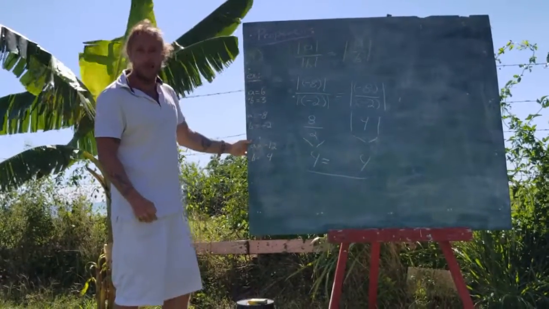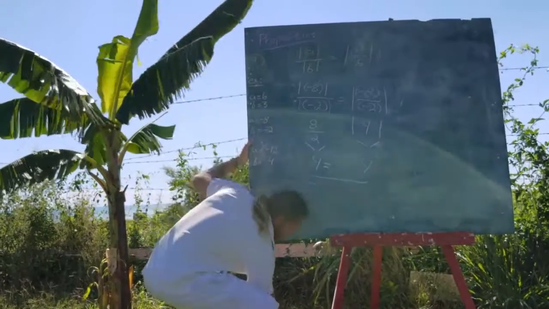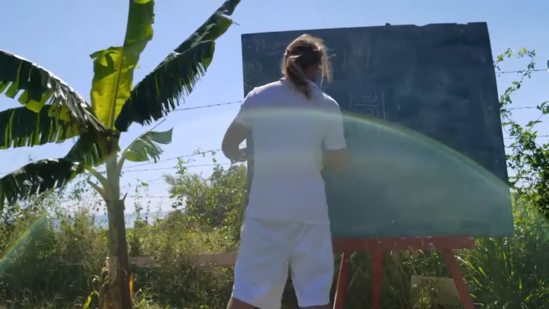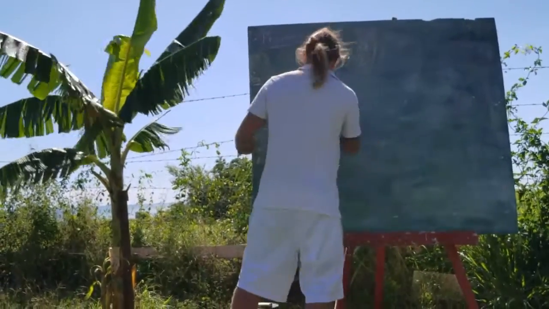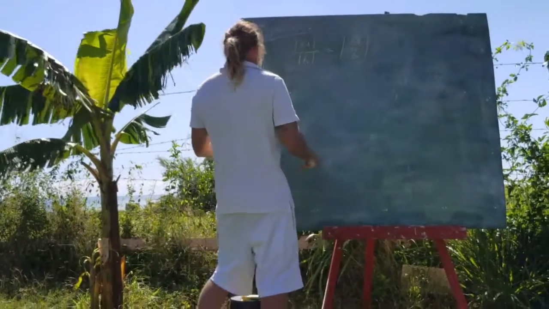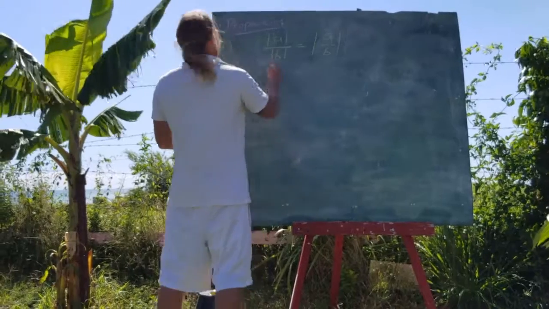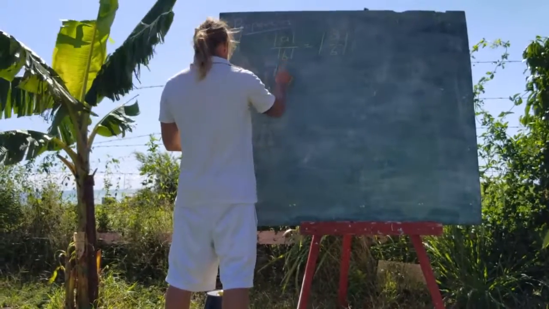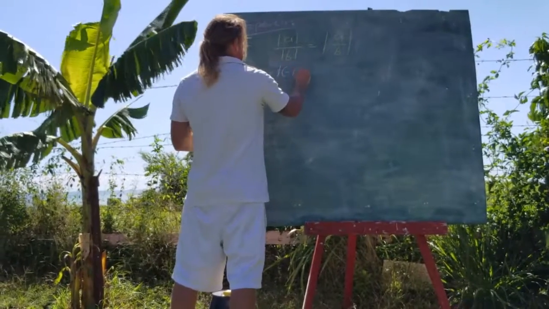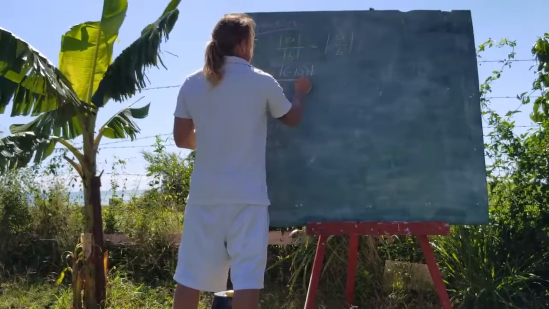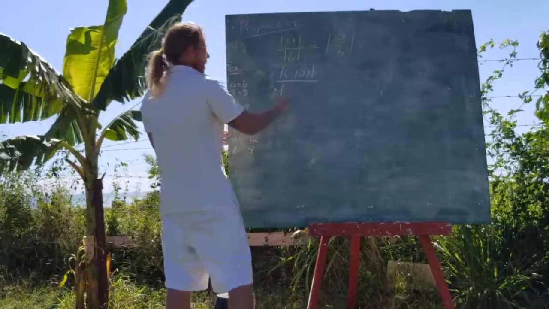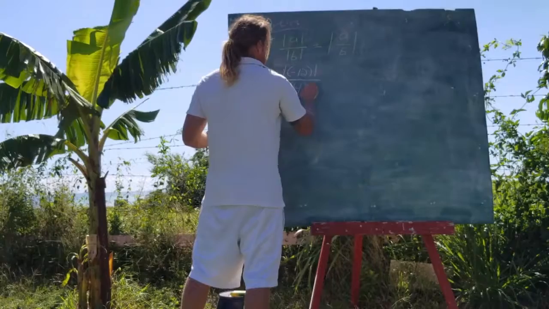Let's try A and B where one is negative, one is positive. All right, A, we have negative 12. B, we have positive 4. So we have the absolute value of negative 12 over the absolute value of 4.